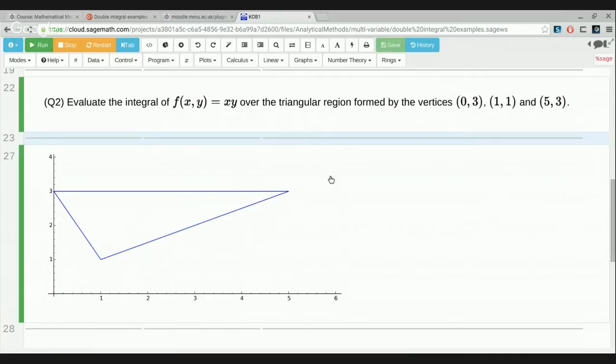Sorry, my brain really isn't working today. I'll just have to do simultaneous equations, won't I? So 3 equals 2 times 5 plus c. So c is minus 7. All right.